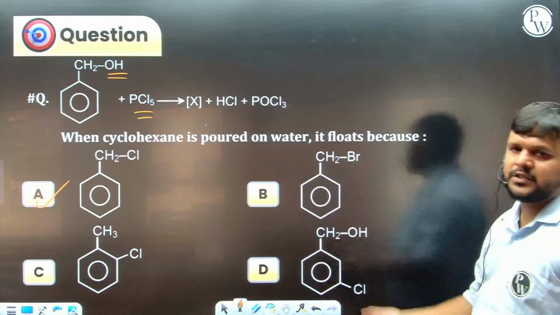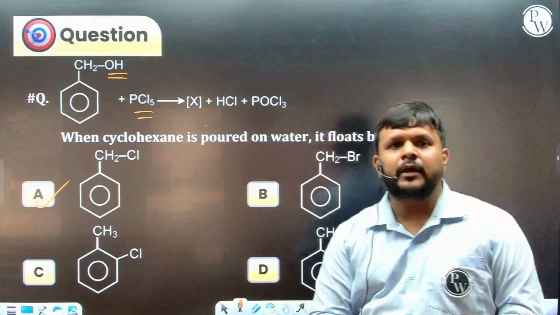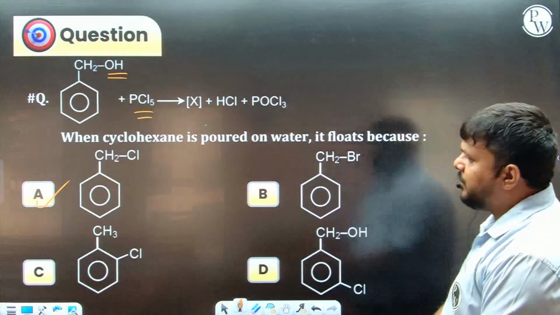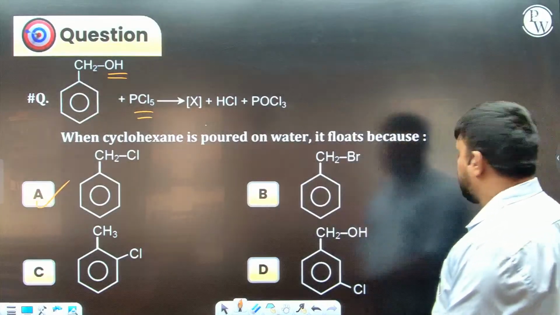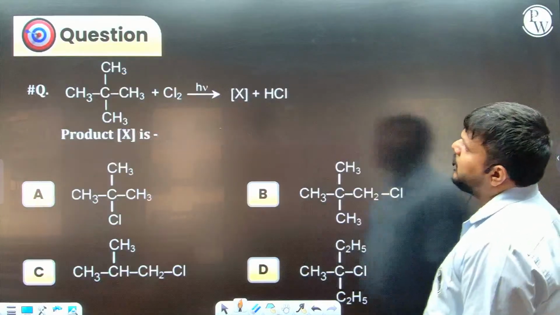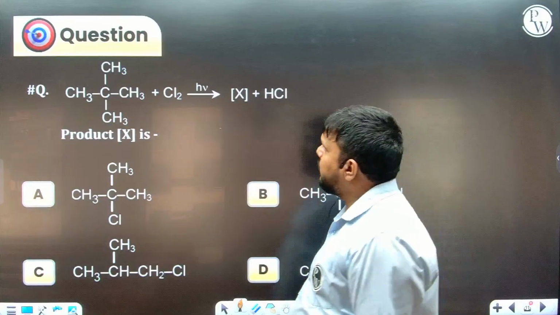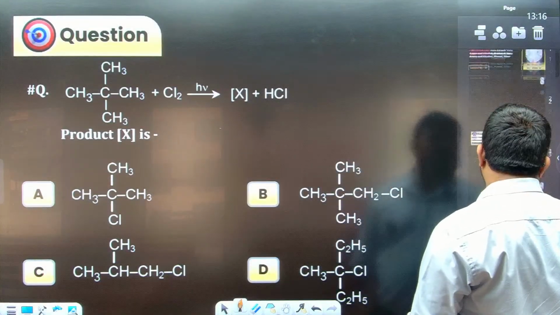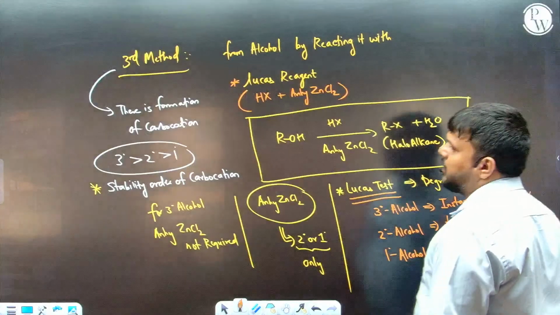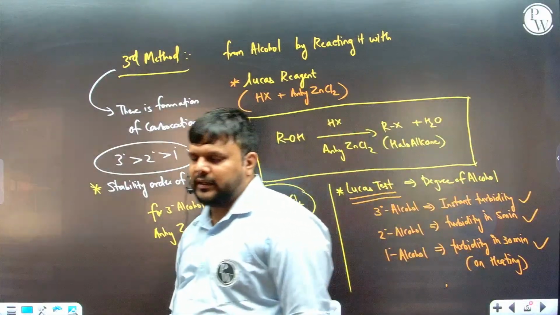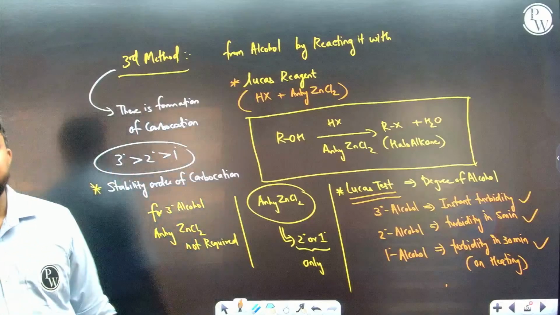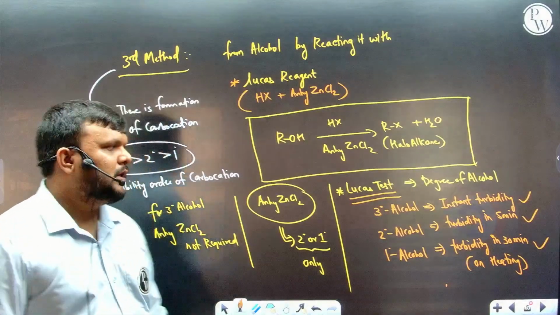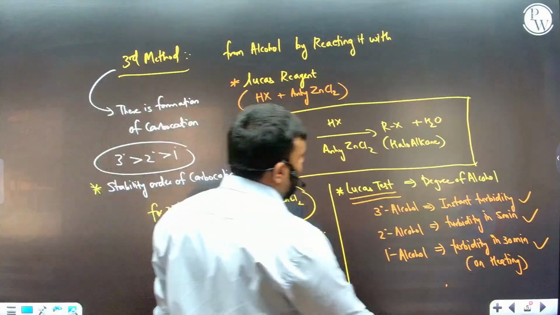We now only studied about this PCl3 and PCl5. They are used for converting alcohol into chloroalkane. Okay. So next question we are having. So now we studied all about the preparation methods of haloalkane from alcohols. Let us continue.